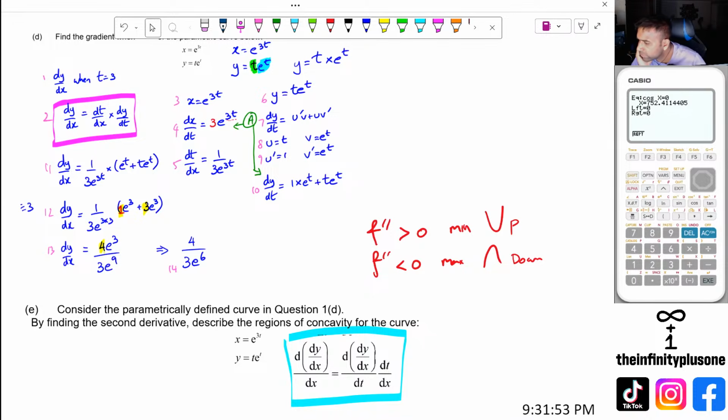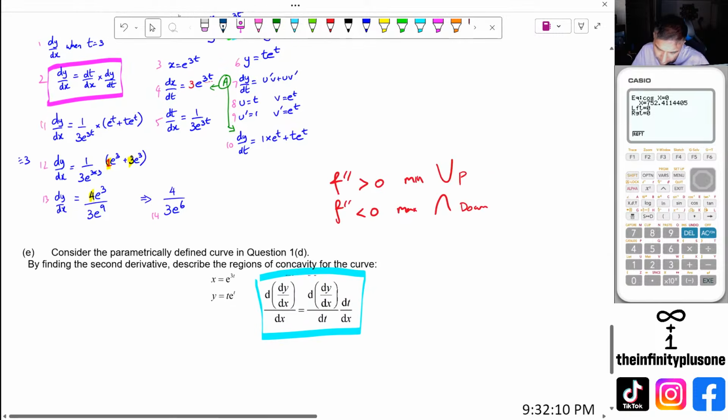What did you guys get for dy dx? t plus 1. Oh, yeah. That makes sense. So here's dy dx, by the way. That's in line 11 as Jacob mentioned.